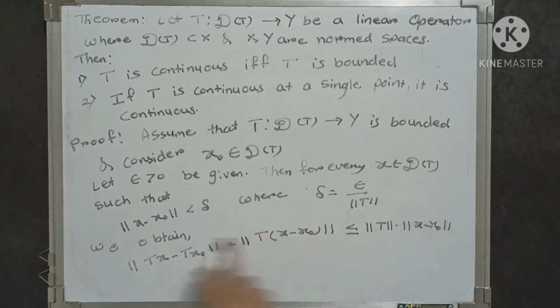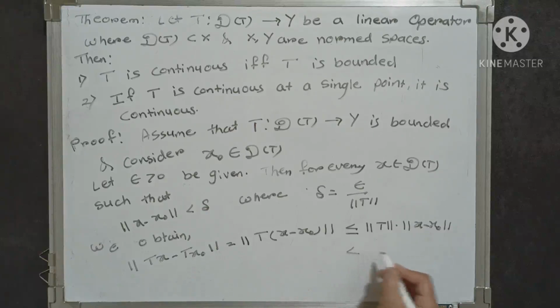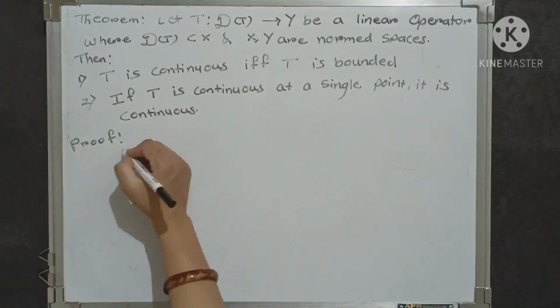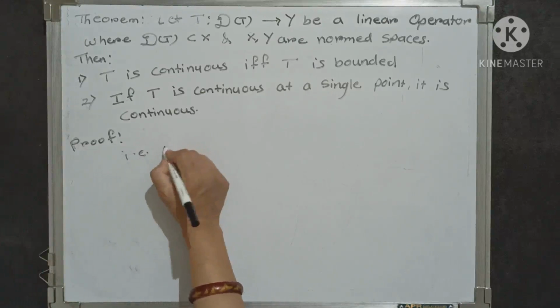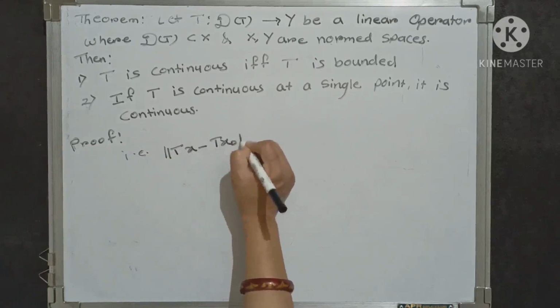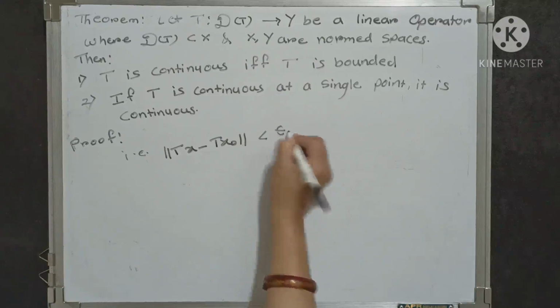But we know that the norm of x minus x naught is less than delta, and therefore it is less than the norm of T into delta. Now putting the value of delta, which is epsilon divided by the norm of T, this gets cancelled, and we get that the norm of Tx minus Tx naught is less than epsilon.